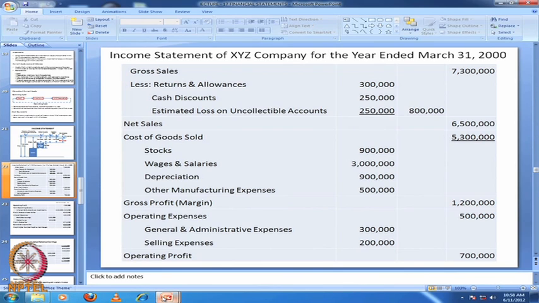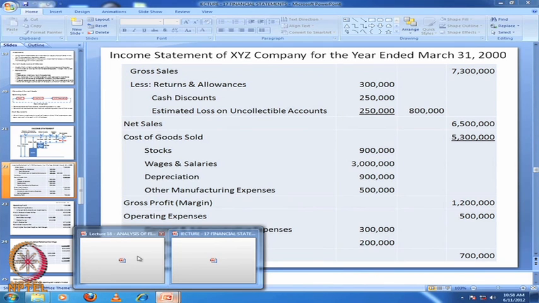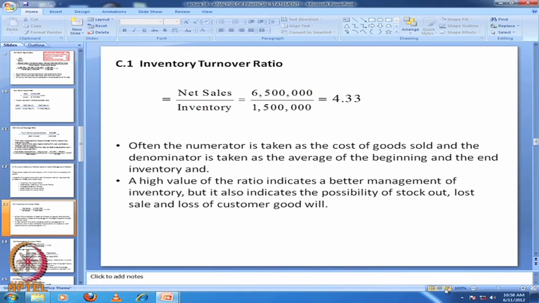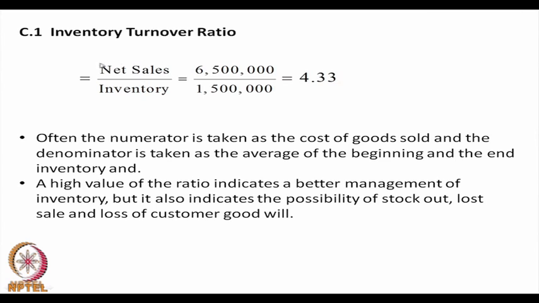Now, what I am trying to say is that normally it should not have been net sales, it should be COGS, the cost of goods sold, and it should not be the end of year inventory which appeared in the balance sheet, but it should be the average of the inventory held.